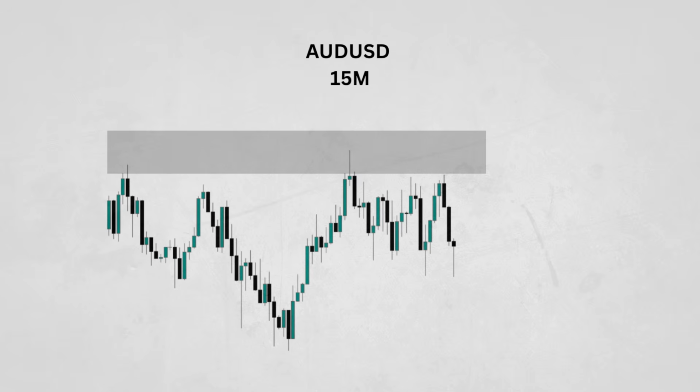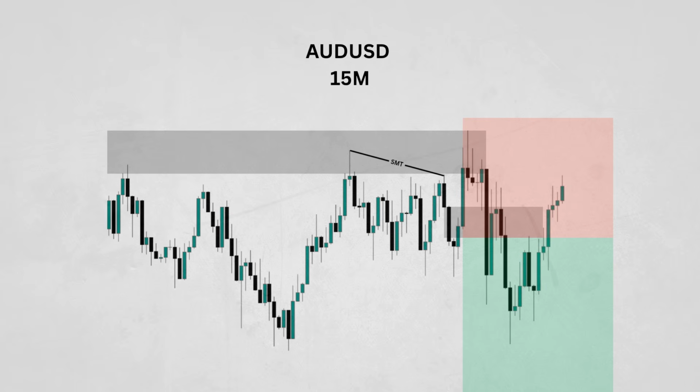There, price formed an SMT divergence and left behind a fair value gap. So I took my entry right from that fair value gap, placed my stop loss just above the high, and set my take profit at a 1-to-2 risk-to-reward ratio. But as you can see, this trade hit stop loss.